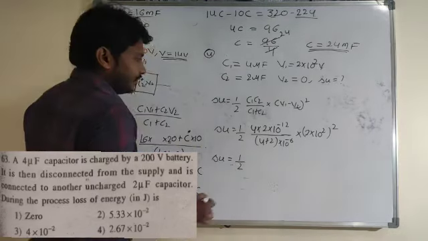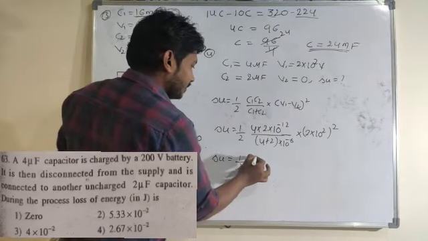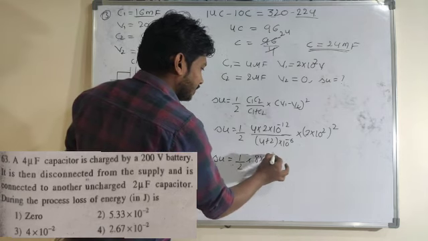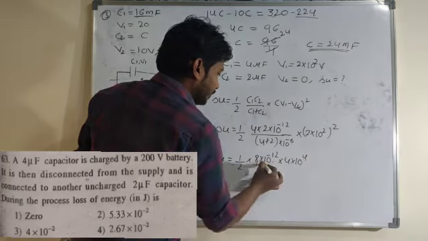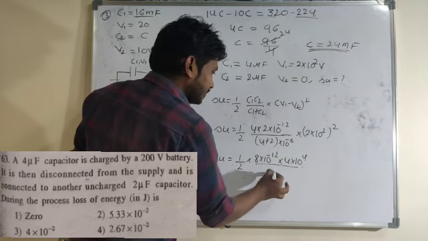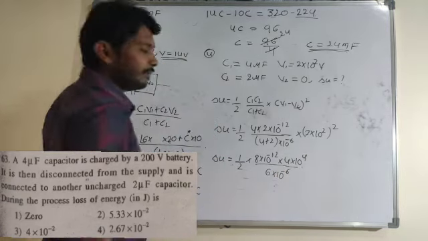Delta U is equal to half, 8 into 10 to the power of minus 12 into 4 into 10 to the power of 4 divided by 6 into 10 to the power of minus 6.